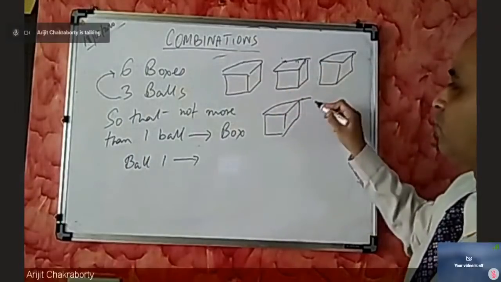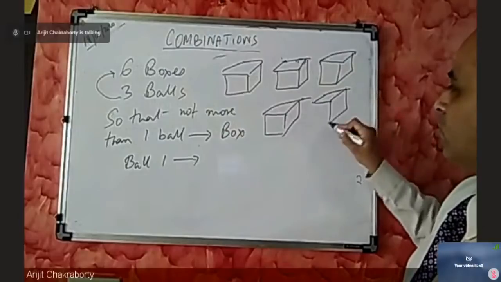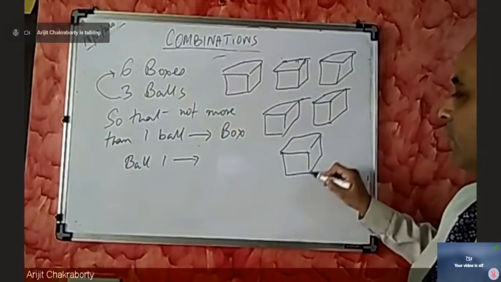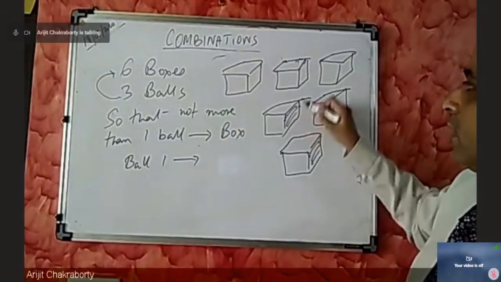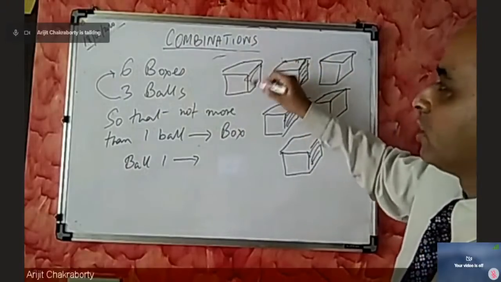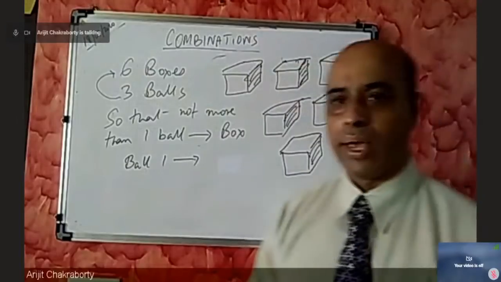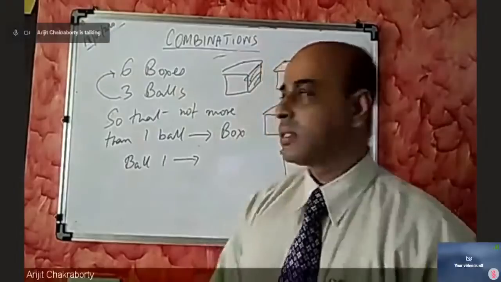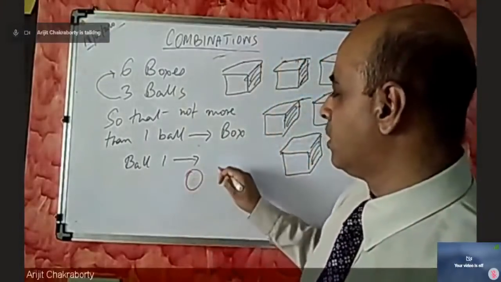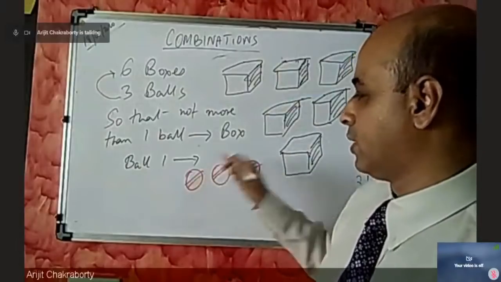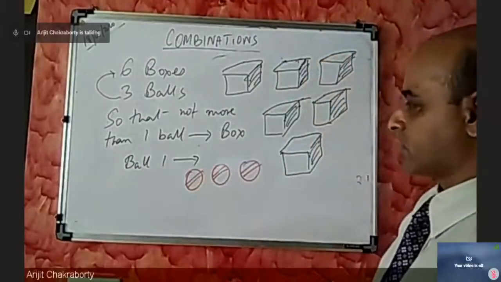So 1, 2, 3, 4, 5 and 6. So let us see the fundamental way. The balls I have here are 1, 2 and 3.